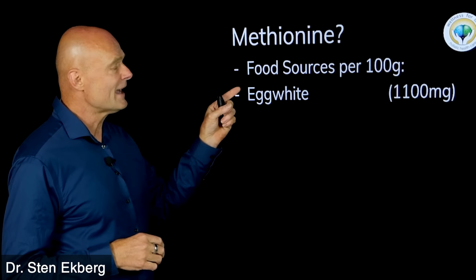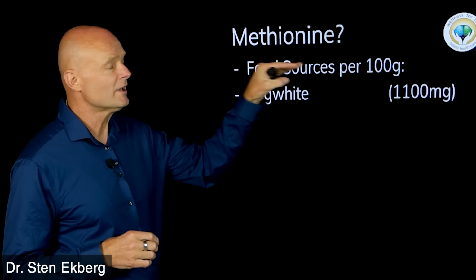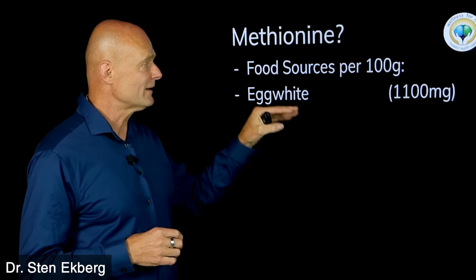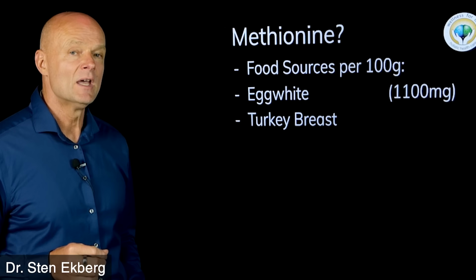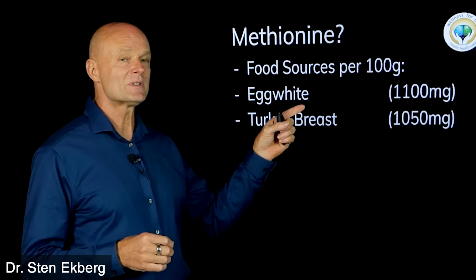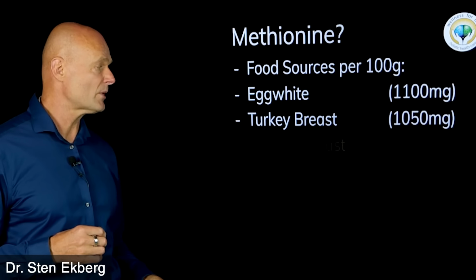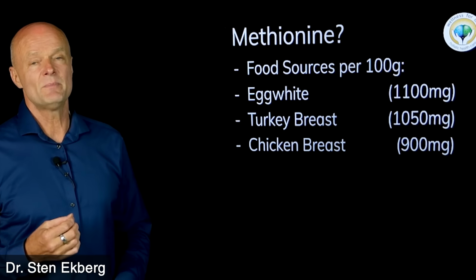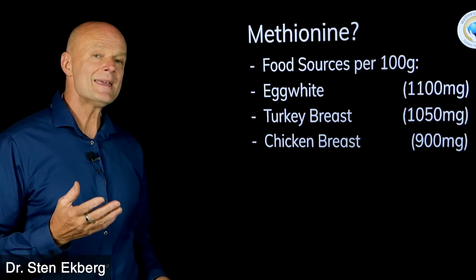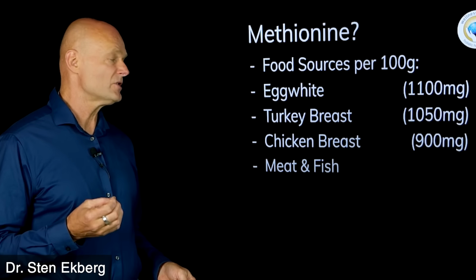So the foods that have the most per 100 grams of food is egg white, 1100 milligrams of methionine. Turkey breast has 1050 milligrams per 100 grams. Chicken breast has about 900 milligrams. So those are the 3 highest, 3 richest sources.